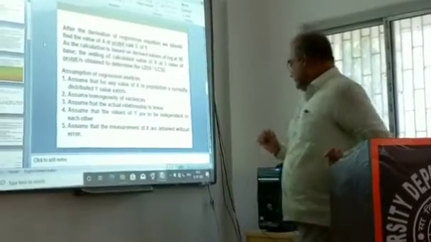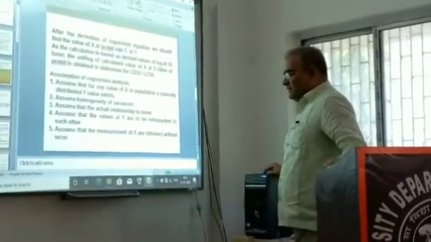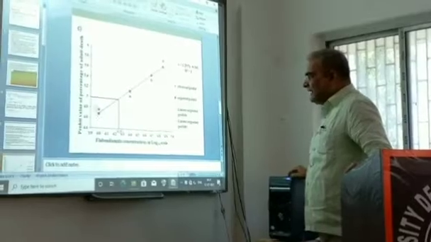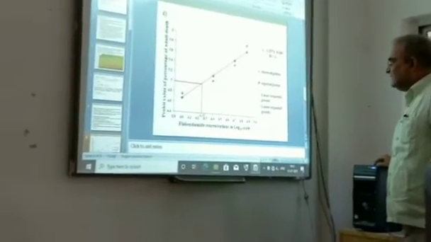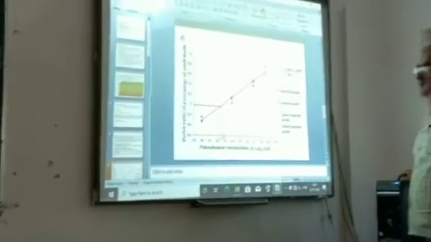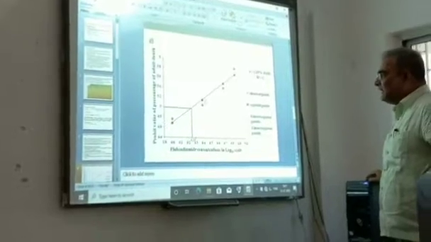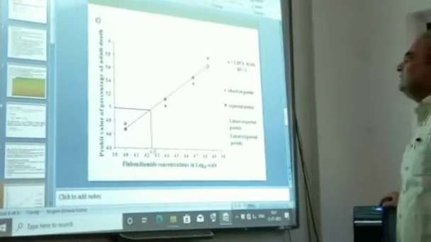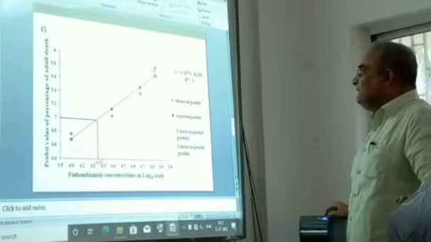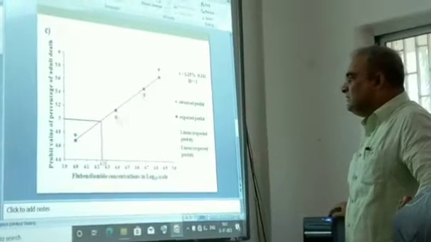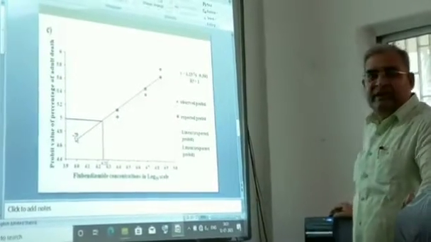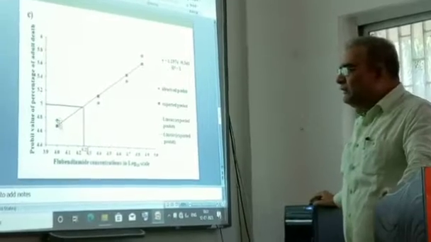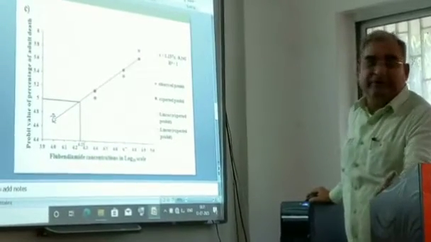Then you see here, this is the actual value, and this is the calculative value. That means the actual value and the calculative value have some differences.